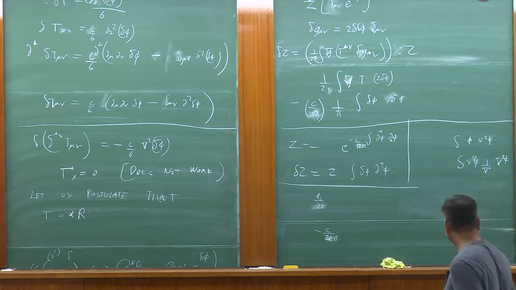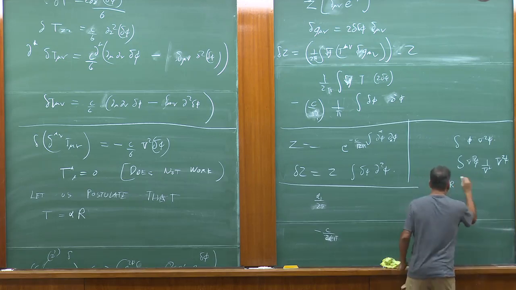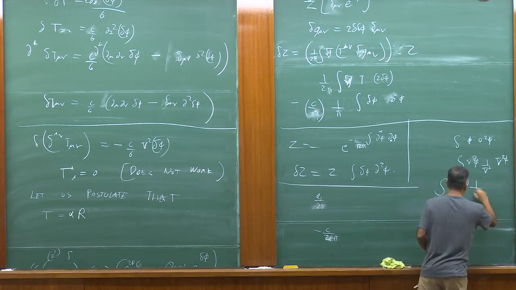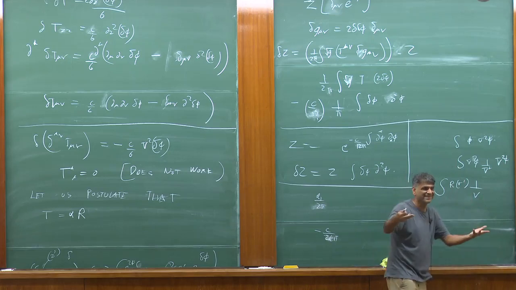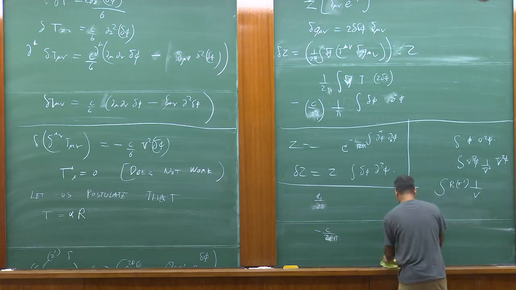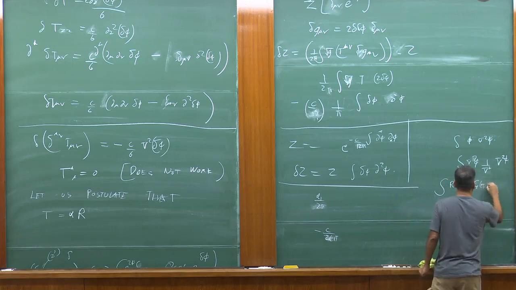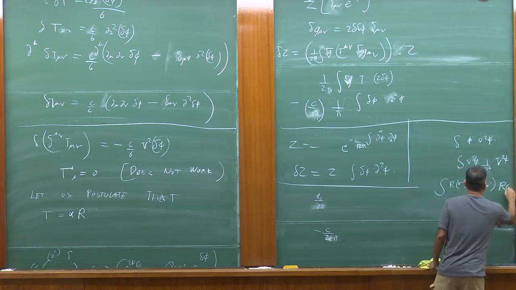And by using this idea, one can work it out a little more seriously and show that the expression that works is something like sigma prime 1 by del square. So 1 by del square is Green's function, G of sigma prime, sigma.